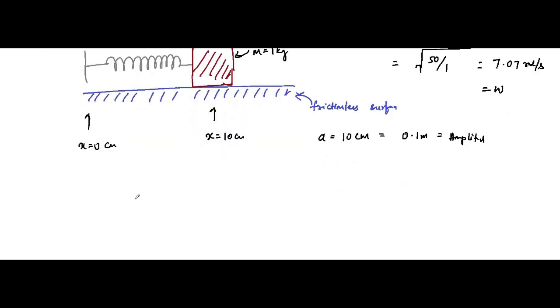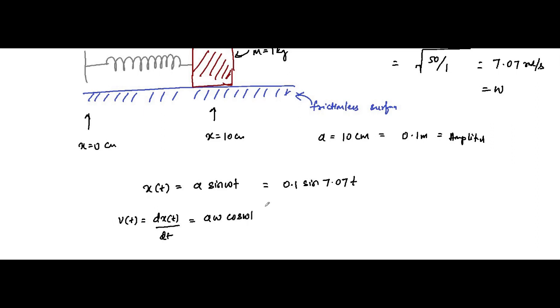The basic SHM displacement equation is given by x(t) is equal to A sin omega t. So here substituting the values, A is equal to 0.1 meter, sin omega t, with omega equal to 7.07, so sin 7.07 t. Velocity v(t) is equal to dx(t) by dt, which is equal to A omega cos omega t.